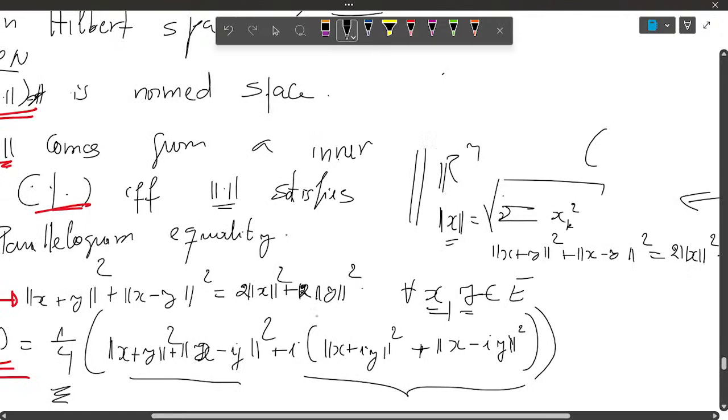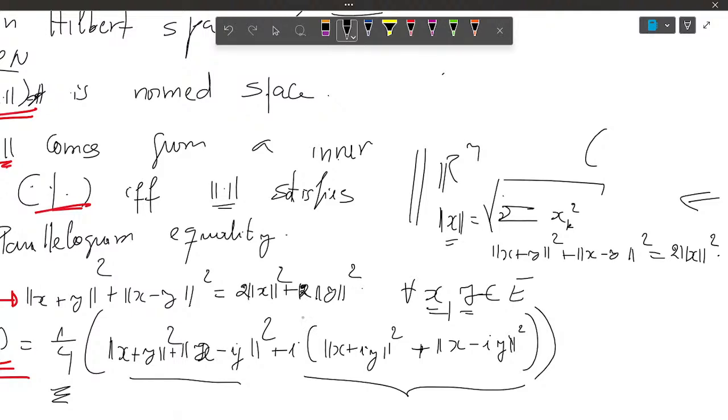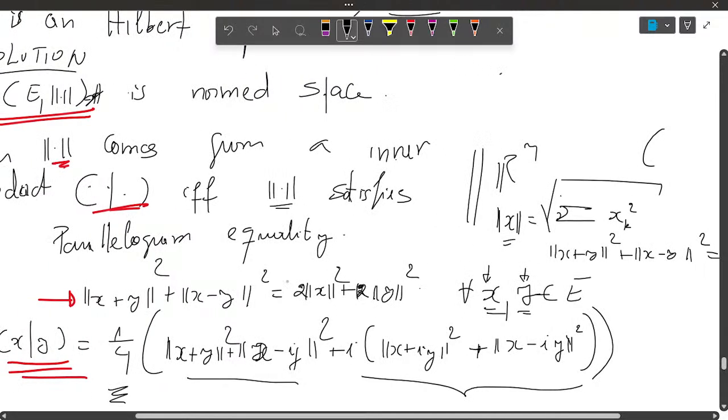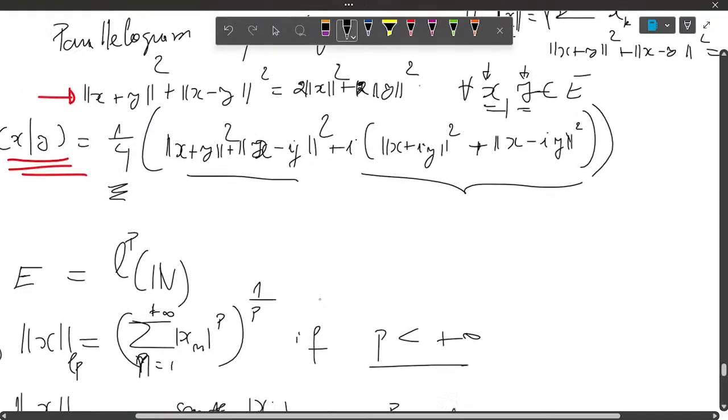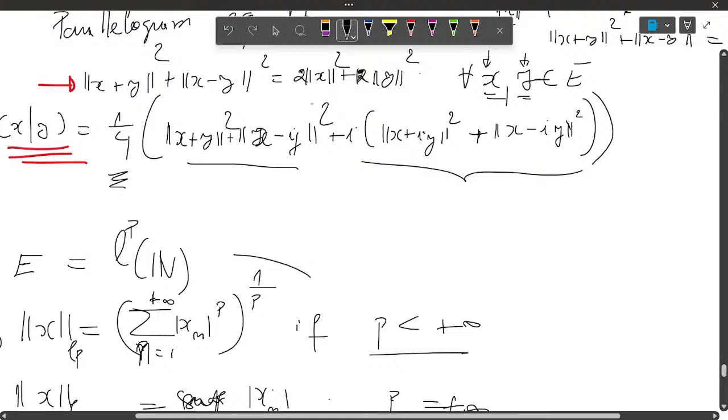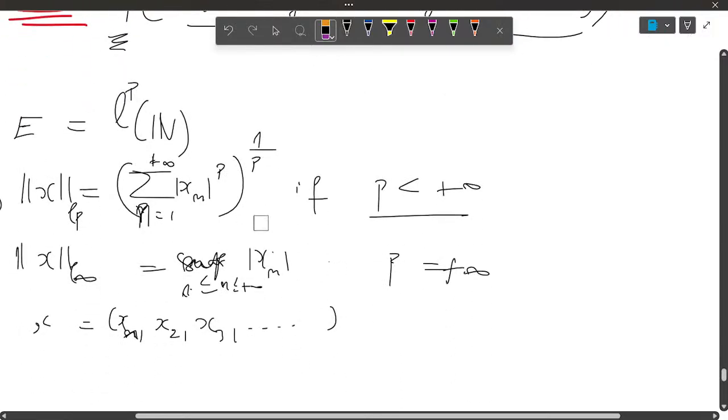So we have found that for any other choice of p different from 2, we can always find x and y such that this is not true. This means that only when p equals 2 can we expect to have the parallelogram equality, not for the others.